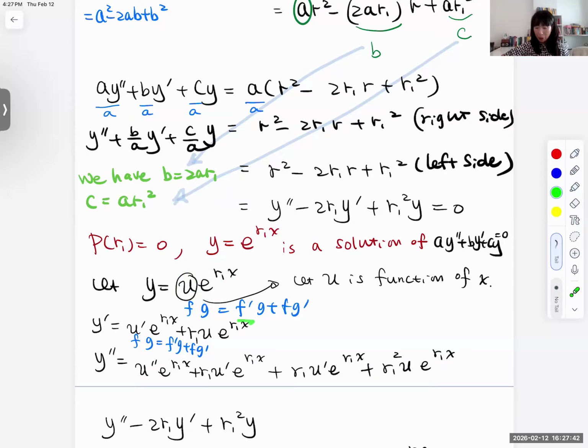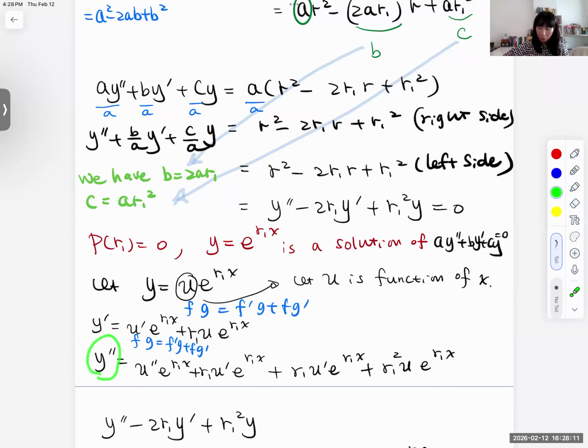Product rule: f prime g plus f g prime. So there will be u prime, keeping the second one, plus we keep the first one u and differentiate the second one, e to the r sub 1 x, times r sub 1. That's how we got it by using the product rule.